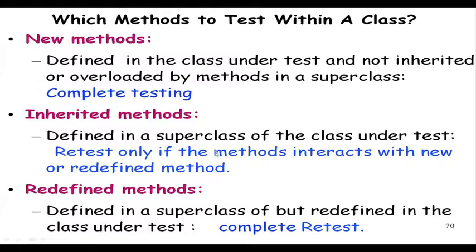So, what it really means is that all the methods of a derived class have to be tested. So, object orientation, as far as testing is concerned, does not give any benefit in reduction of the testing effort as far as inheritance is concerned.